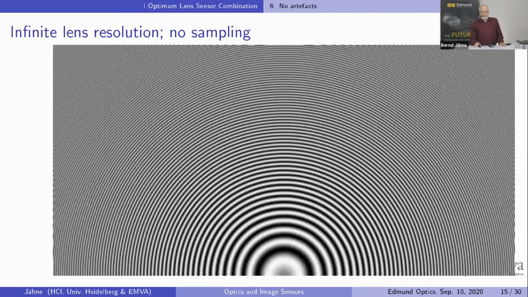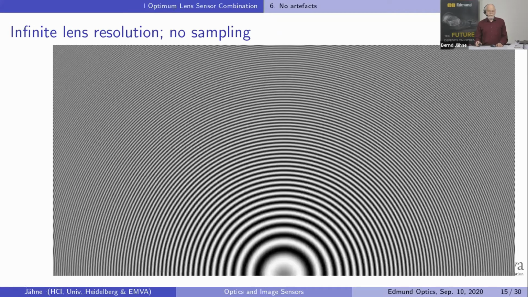So the next thing you want to have is, of course, no artifacts in your image. And this can be nicely demonstrated if you look at certain patterns. I have chosen a lens with infinite resolution, and I get this perfect image of these finer and finer structures until the very finest you have here at the edge.